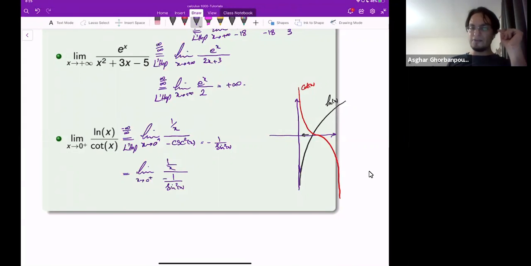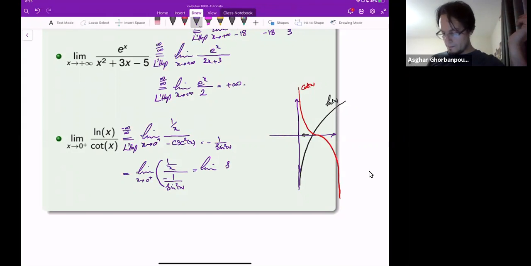But if instead of that, you try to simplify this, meaning multiply the numerator of the numerator by the denominator of the denominator, over the denominator of the numerator times the numerator of the denominator, as x goes to 0 plus.